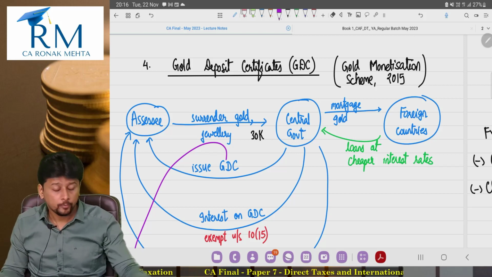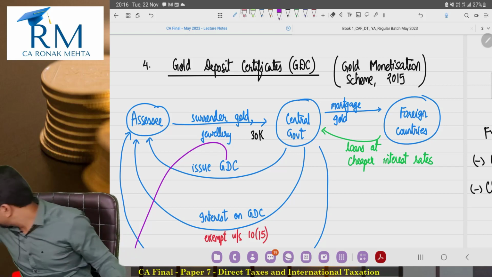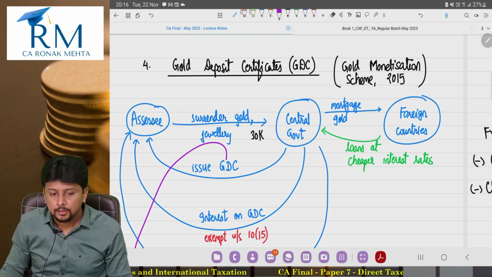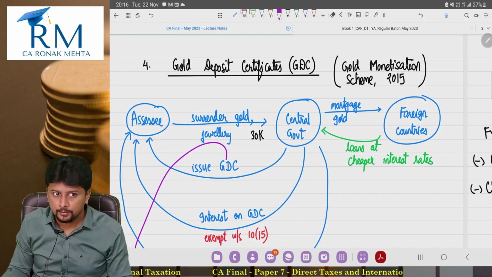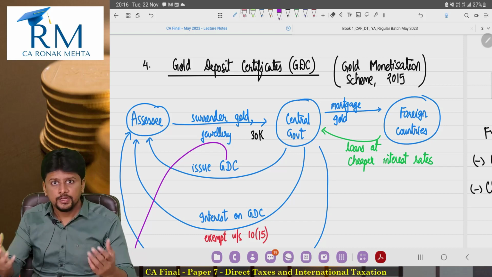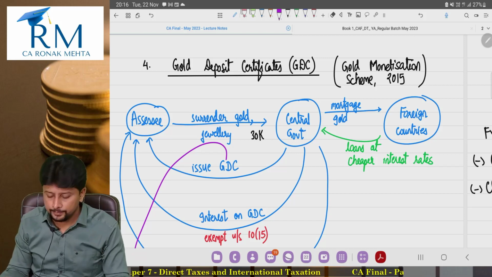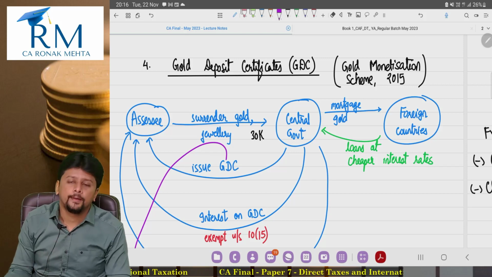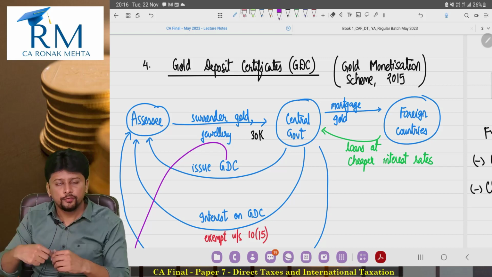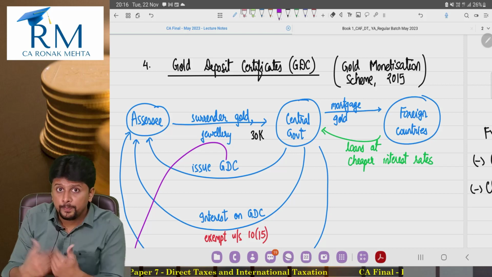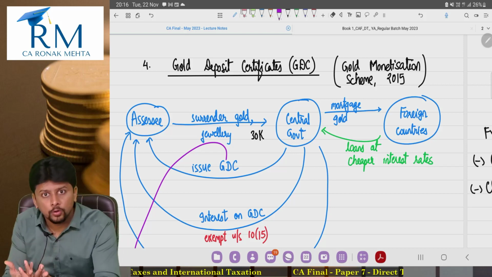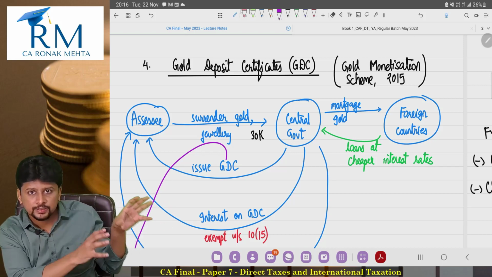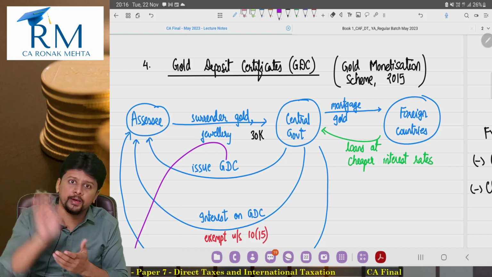Now the problem with that is, if we see gold as an investment, that means as Indians we demand a lot of gold. So India is one of the largest importers of gold, and when we import gold from other countries, we have to pay for that. When we pay for that gold, our foreign exchange reserves will reduce. The foreign exchange reserves that the government has will reduce because it has to pay for that import.